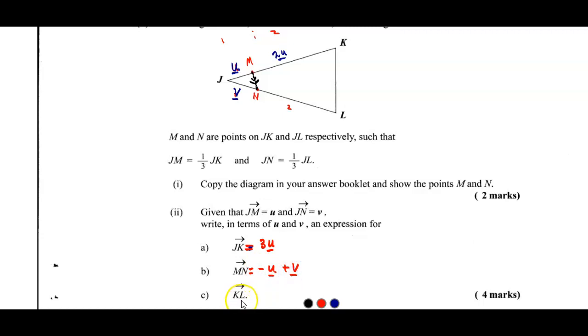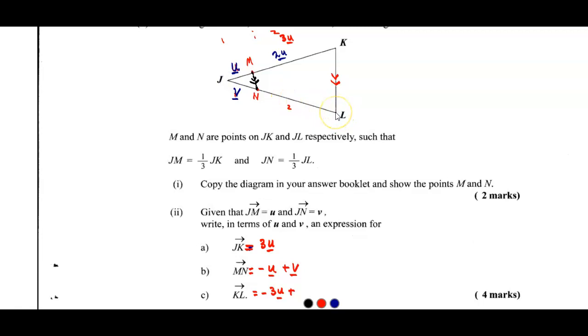And then KL. KL, we put the resultant on here. So to get to KL, we need to travel KJ. We know that JK is 3u. The full length is 3u. Therefore, we would have to go minus 3u, plus JL.